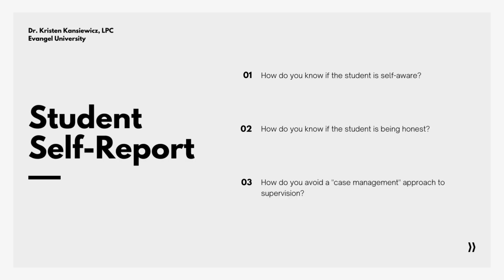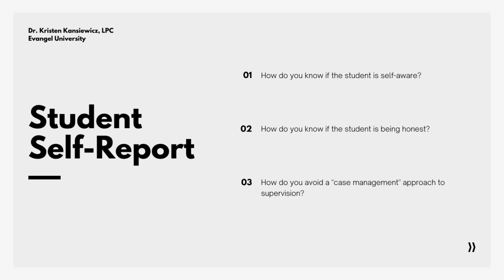As far as thinking about student self-report, it's important for the supervisor to assess how much the student is self-aware. We know that students and supervisees are in a developmental process, and they're only going to share with you the things that they think of to share.